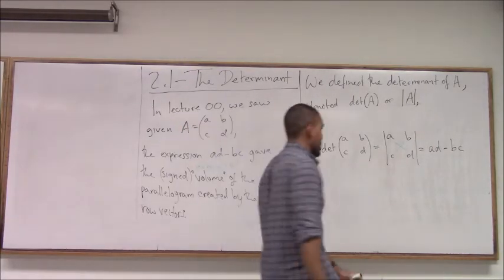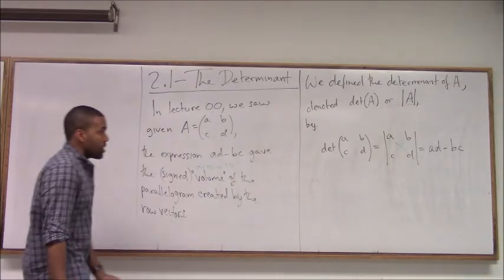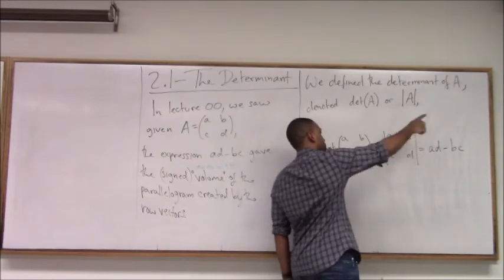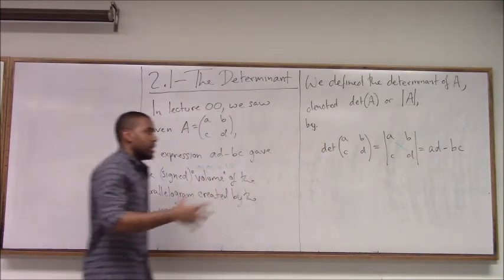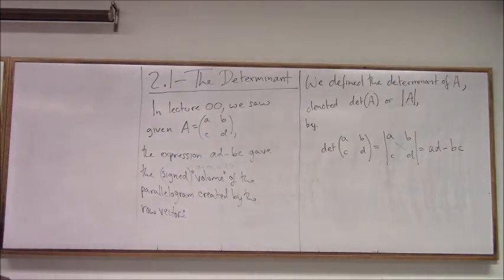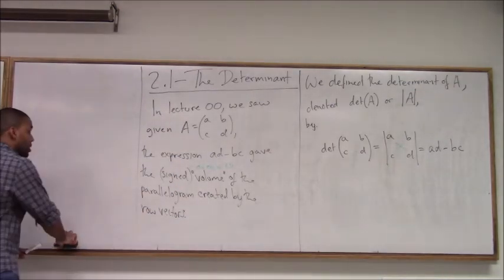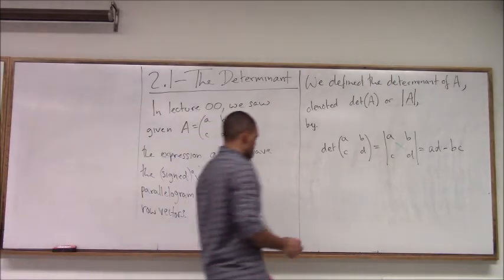That's how these are computed. The pattern for the 2x2 matrix is just that you cross multiply this, minus the cross multiplication of that, and it gets a little more elaborate for larger matrices. But that was that.